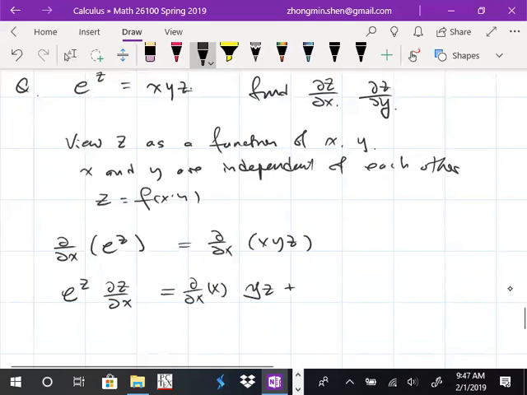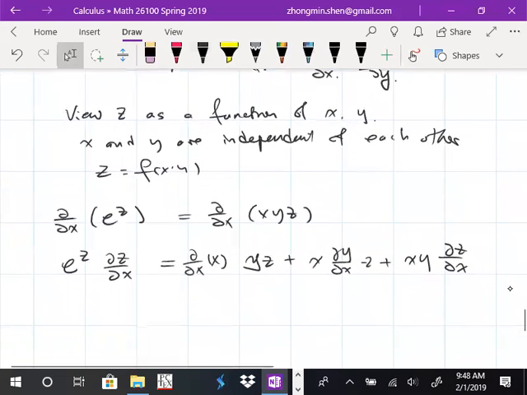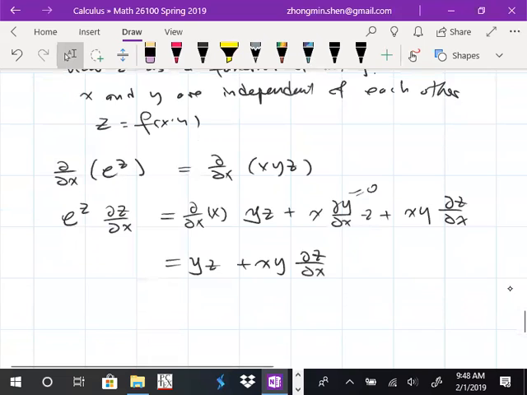So this is going to be y times z. Suppose you have 3 terms. But y is independent of x, so this term is 0 and this is going to be 1. So it's going to be yz plus x times y times the partial derivative of z. Now you have 2 terms containing the partial derivative.